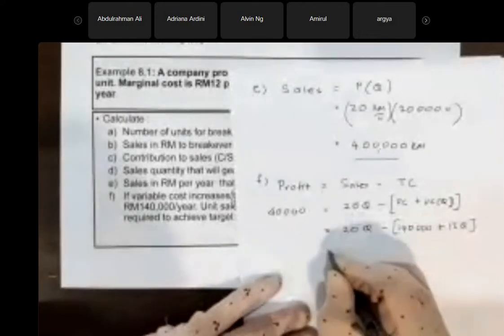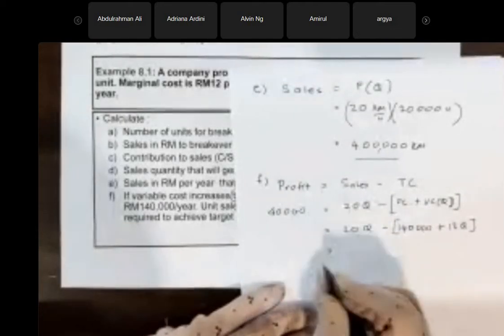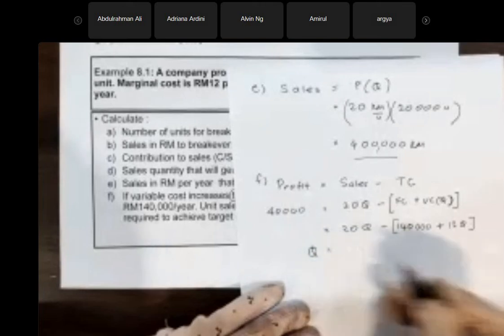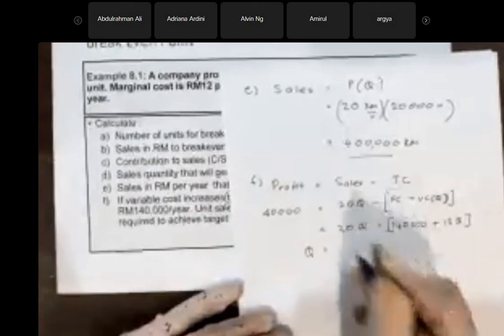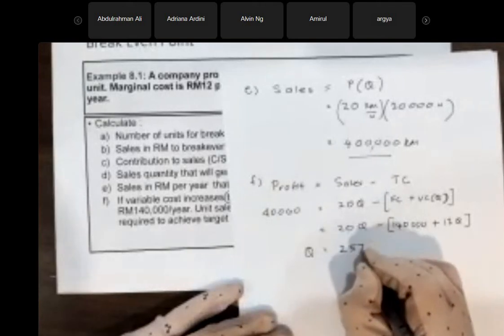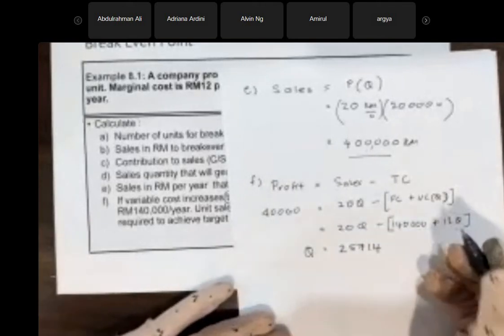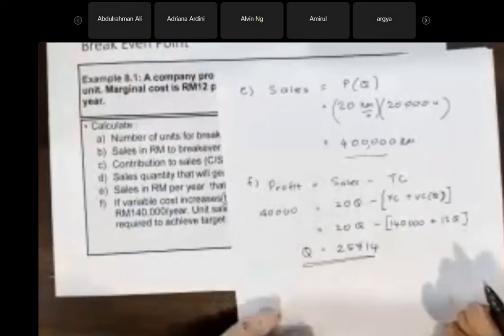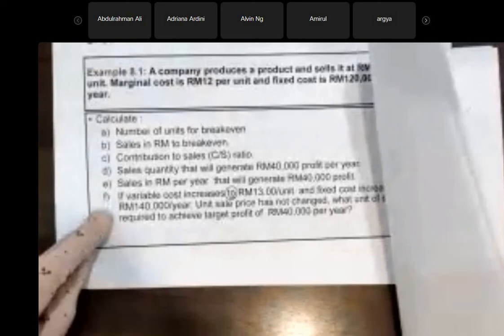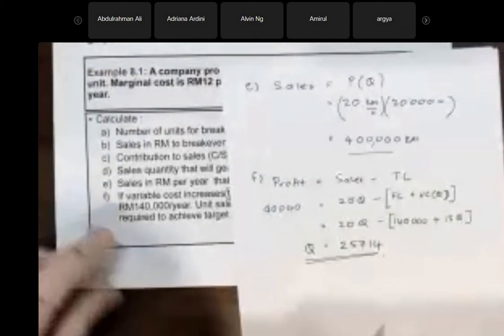Okay, so just solve the problem. What is the number Q here? This is the quantity for this study.